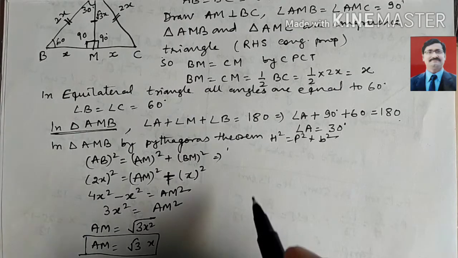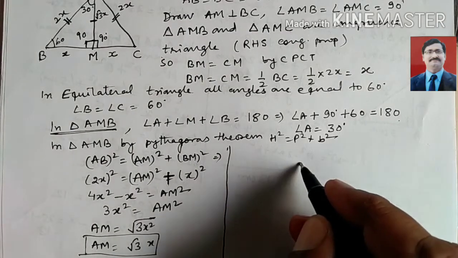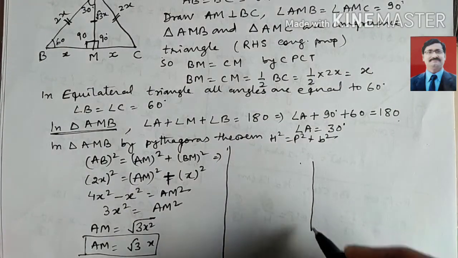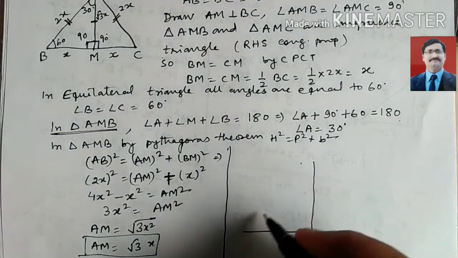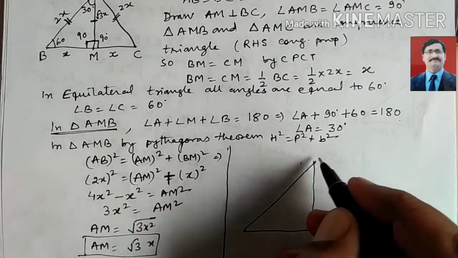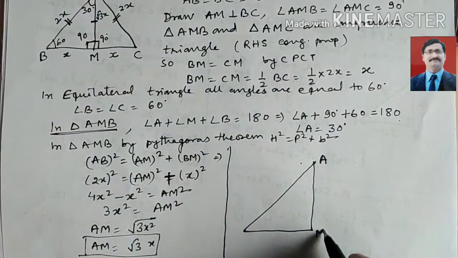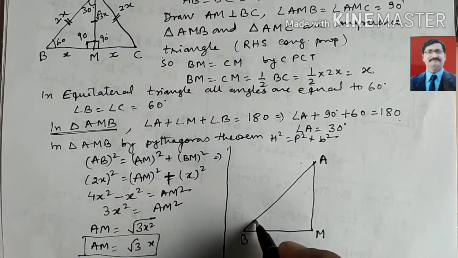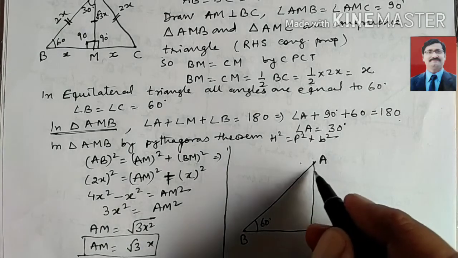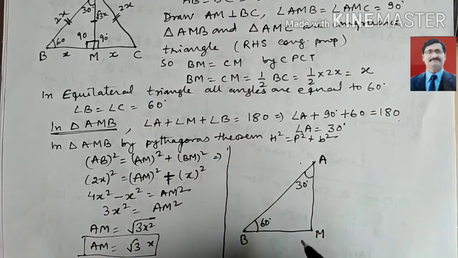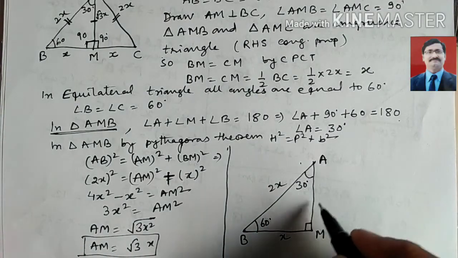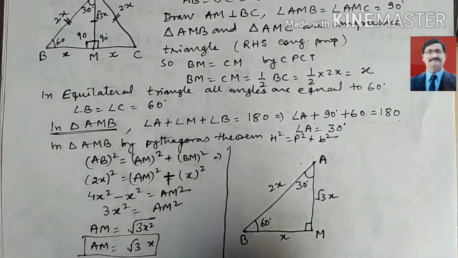Now look here, we draw this triangle again. This triangle I draw here again, A, M and B. Okay, this angle B is 60 degrees and angle A is 30 degrees, and this is 2x and this is x, and here this side is root 3 x.